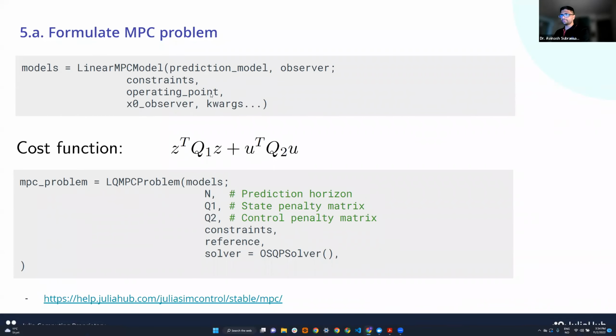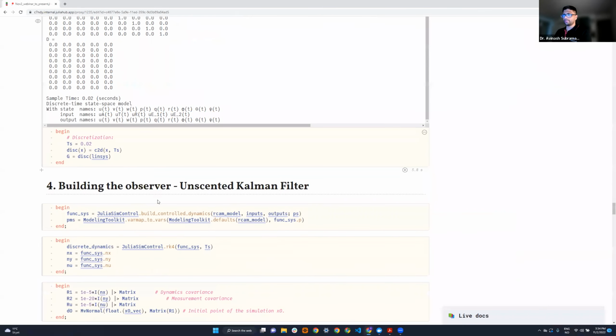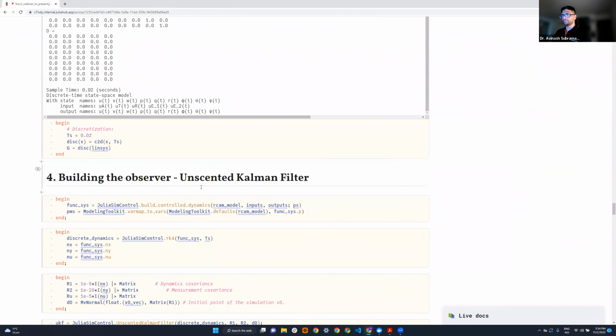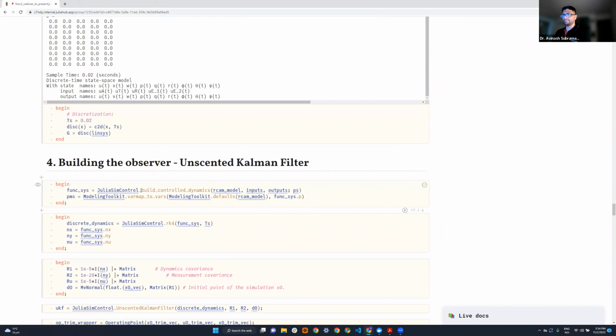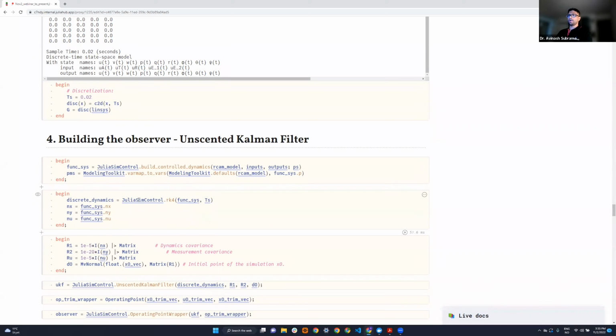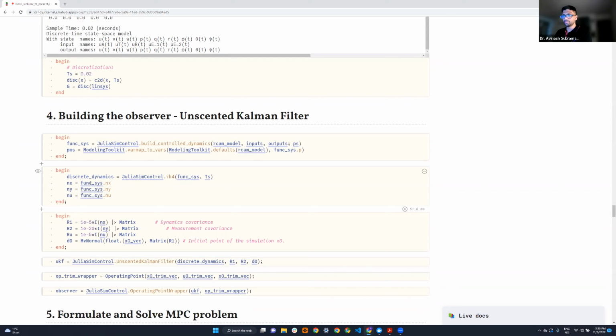I'll show this using the Pluto notebook. Again, here's the code for building the observer, in this case the unscented Kalman filter. We have this build control dynamics function that takes in the nonlinear symbolic model inputs and gives the function system and some bookkeeping, and then the nonlinear dynamics are discretized using the Runge-Kutta method that's implemented inside JuliaSim Control, and this gives rise to the discrete dynamics.